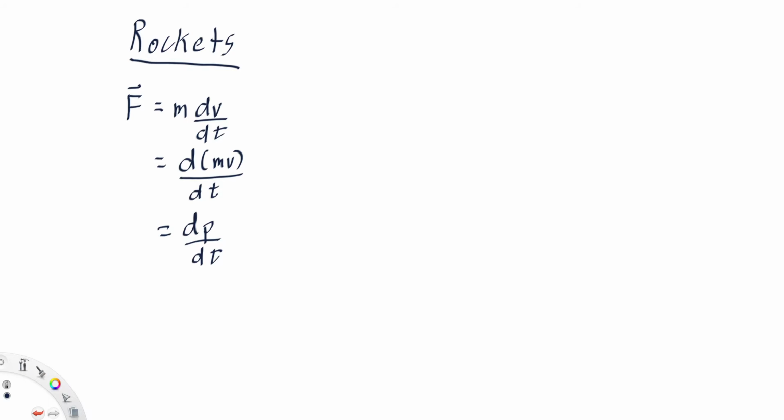So we know that momentum has to be conserved. So we can write down some relationship and say, well, the net change in momentum has got to be 0.